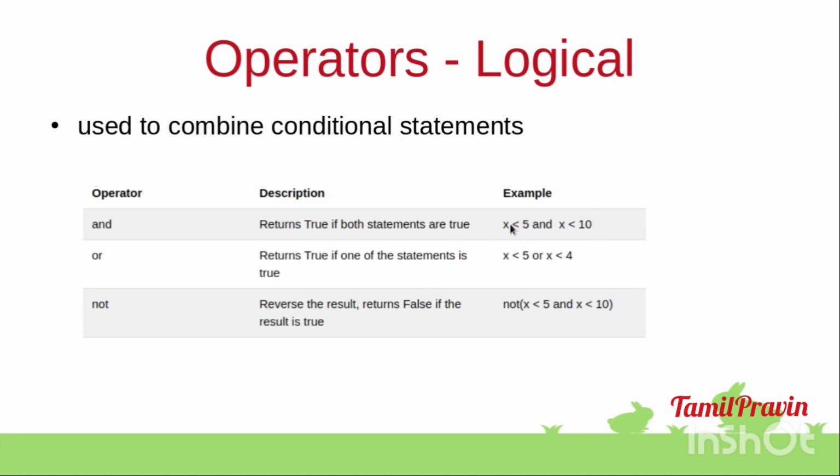It checks if both conditions are true, or here x is less than 5 or x is less than 4. It checks if any one of the conditions is true, it results with a true value. Likewise for not. The not operation inverts the result.